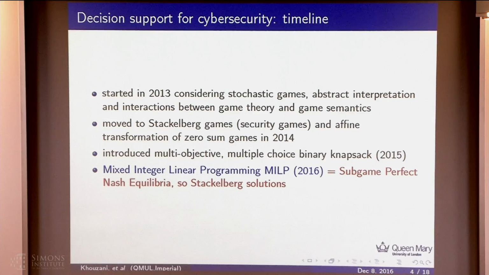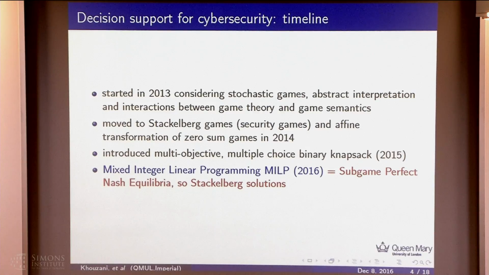As a timeline, this project started in 2013. It's the first time I talk about this, because until recently I thought we did lots of work, but I felt a bit unsure about the scientific value. Now I think there is something interesting to communicate. We started in 2013, thinking about approaching large security problems. There was a paper by Jeannette Wing about network attacks and stochastic game theory, which considered around 1 billion possible strategic behaviors.